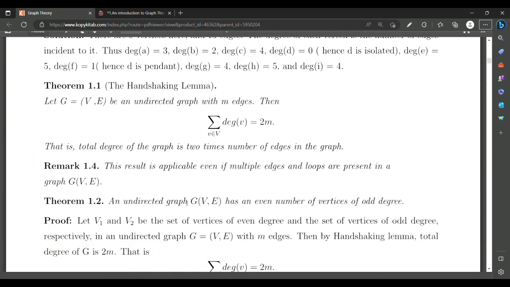Now, an undirected graph G where V belongs to vertices and E belongs to edges has an even number of vertices of odd degree.